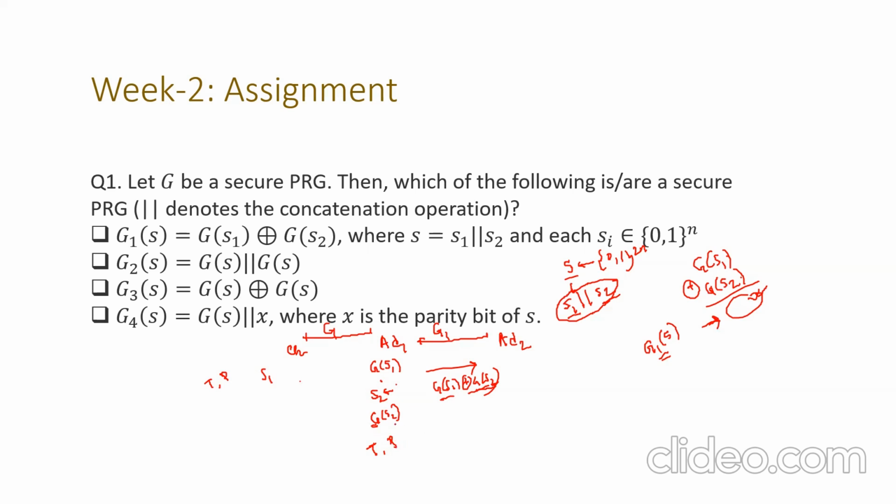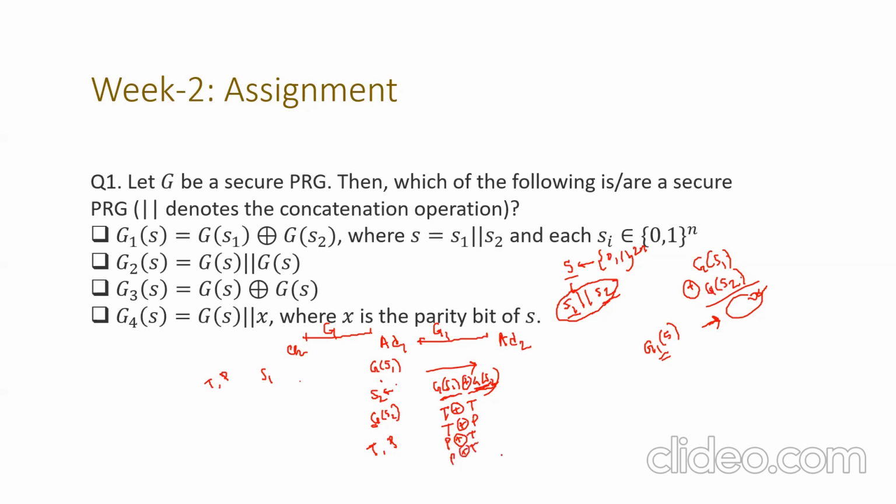So among these 4 cases, you can try to find out on your own whether there is a probability. So if AD2 is able to distinguish this output, which can be of the form truly random XOR truly random, or truly random XOR pseudorandom, or pseudorandom XOR truly random.